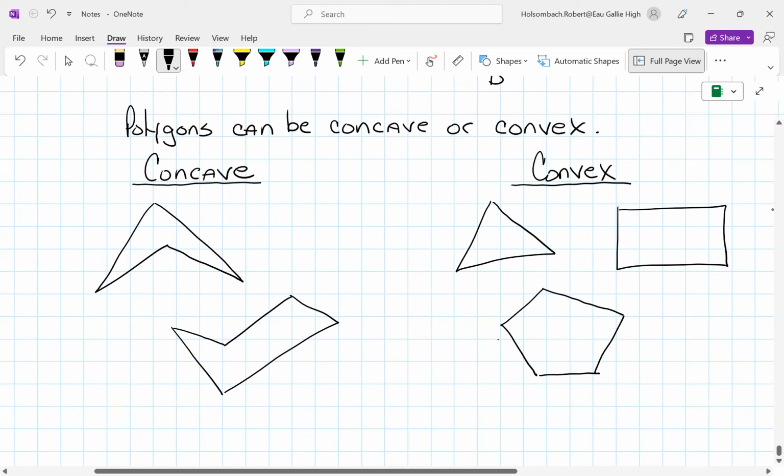The difference between concave and convex. Concave, I always remember it as it looks like one of the sides got caved in. Okay?